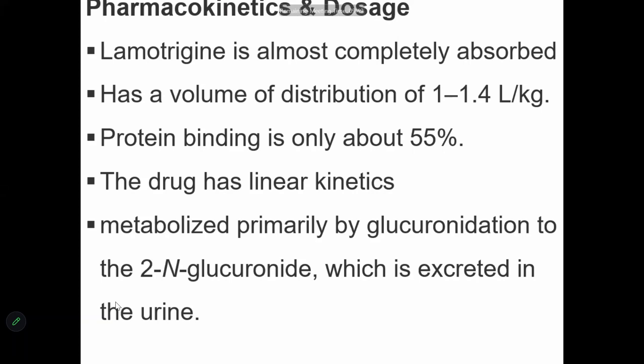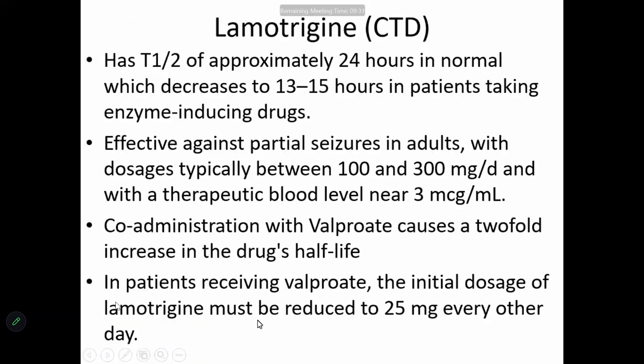The protein binding is low also. It is usually metabolized along linear kinetics. Linear kinetics is what we call first order kinetics. Then second phase reactions are through glucuronidation, and then the metabolites are safely released through the urine.